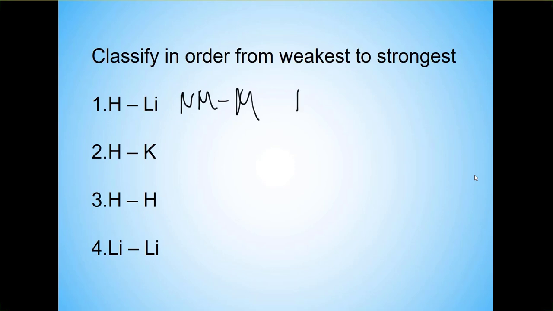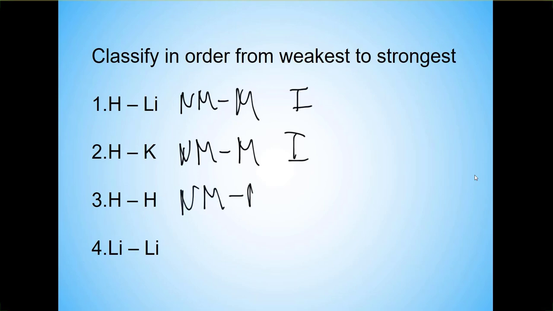So this one would be ionic. Next we have, again, a nonmetal and a metal. This would be ionic. Then we have hydrogen and hydrogen. So this is a nonmetal and nonmetal. This would be covalent. And last but not least, we have lithium and lithium. And this is not covalent, it's not sharing, this is a metal. So this would be a metallic bond.